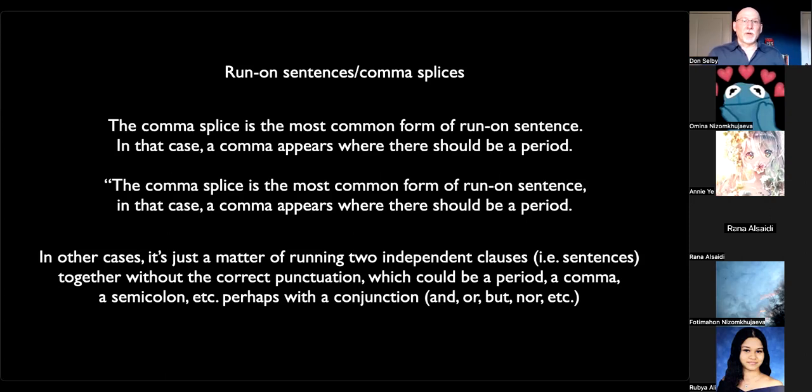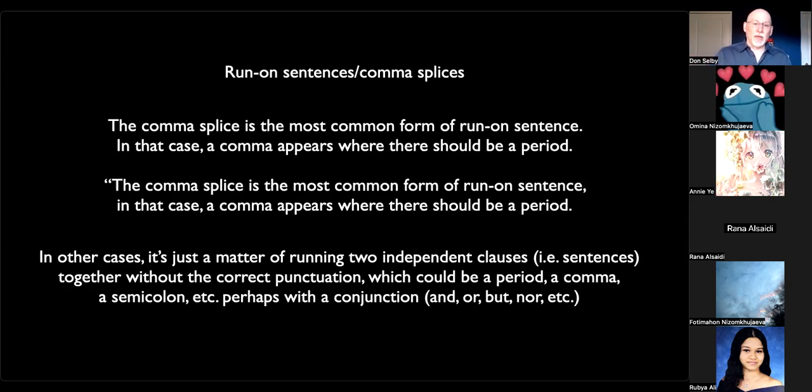What you want from a reader is for that reader, that would be me in this case, to read effortlessly, to feel as if there's no labor involved in the reading, because I'm just swept along by your words. I'm getting what you're talking about, and it feels completely straightforward. That's what we want.